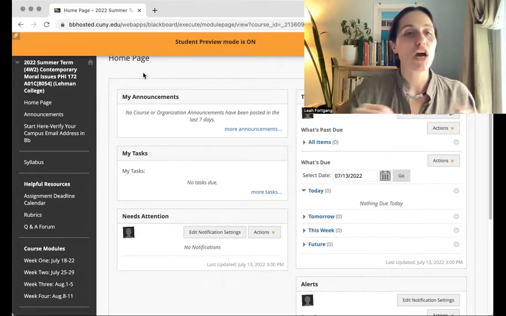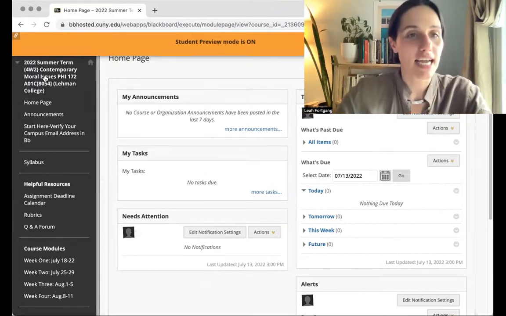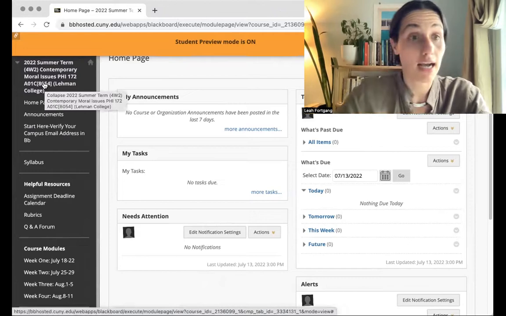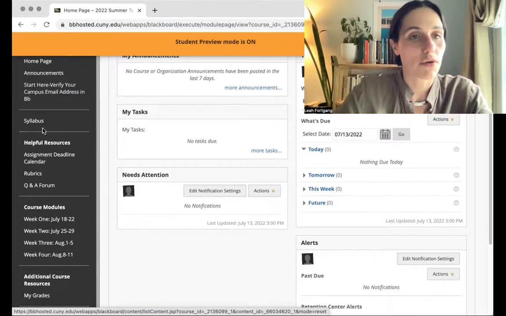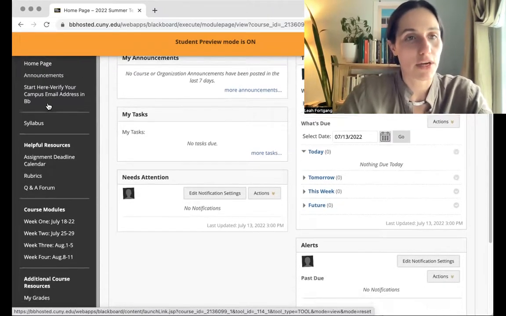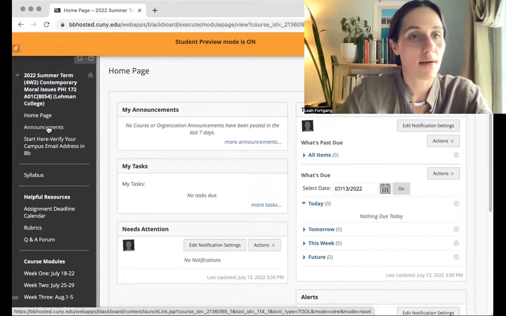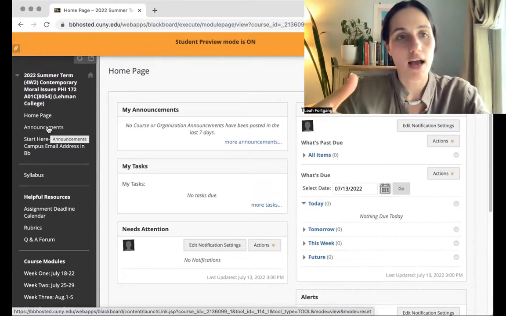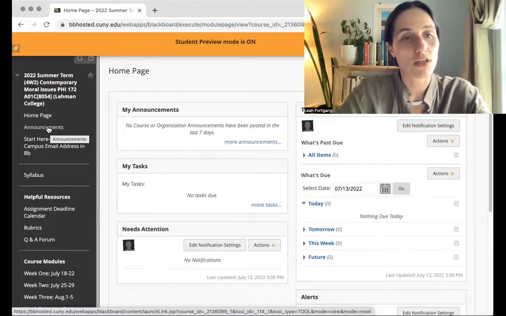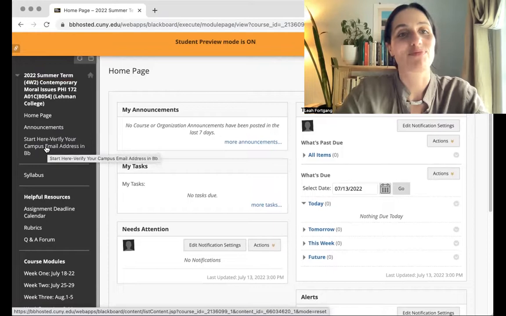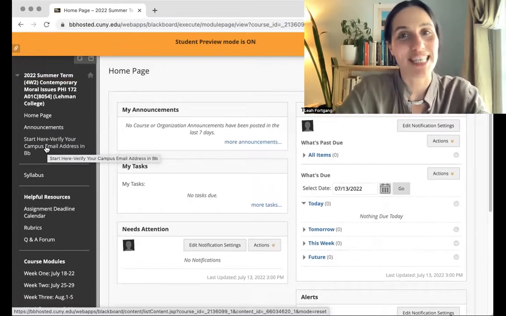So in the main menu here, you see a few different options. Announcements, I am going to be using that function of Blackboard a lot. And I send out an email notification version of it when I do, which makes it very important that you verify your campus email address.